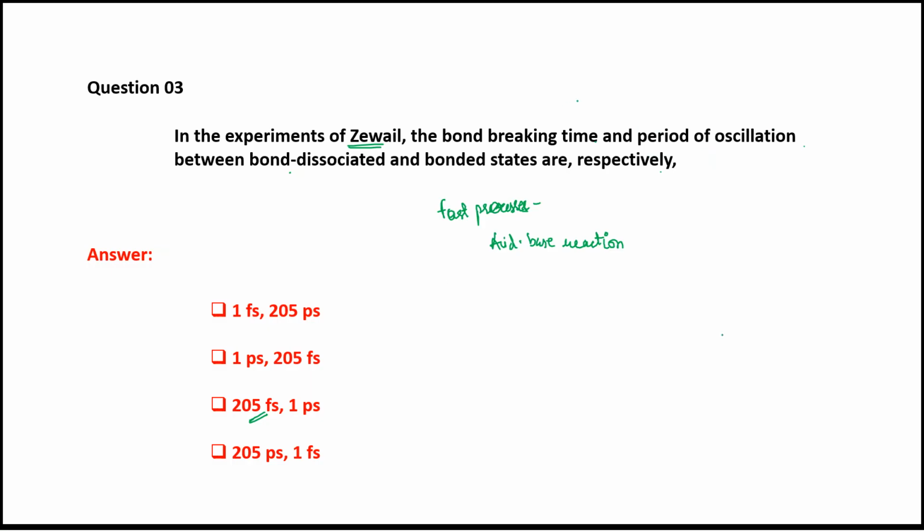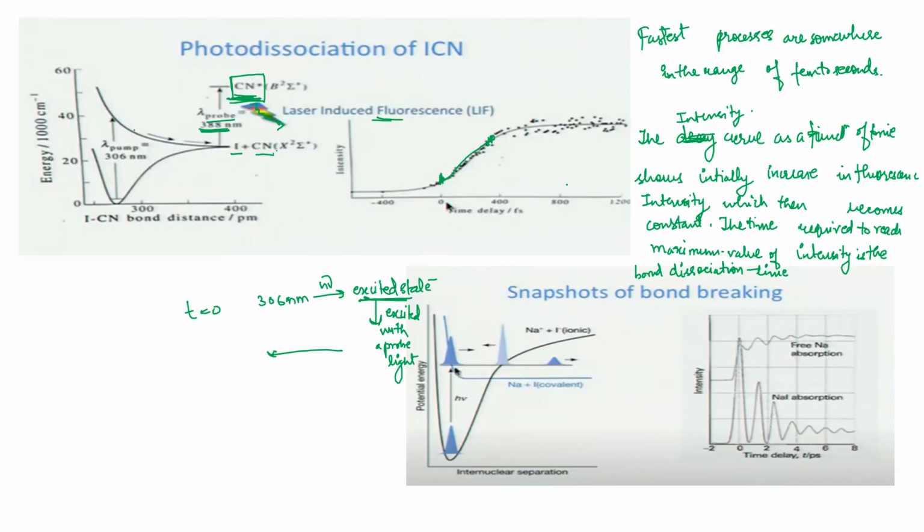What have they asked? The second thing is the period of oscillation between the bond dissociated and the bonded states. Basically, this is another experiment which the same group had done. This is the NaI.